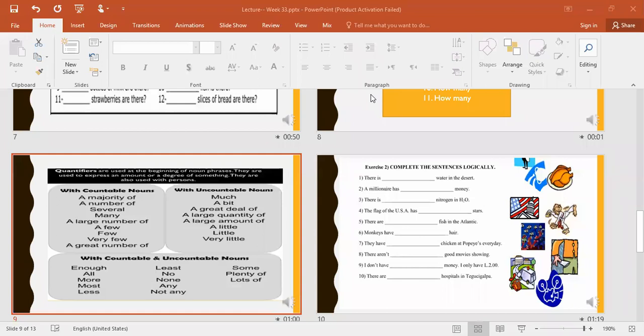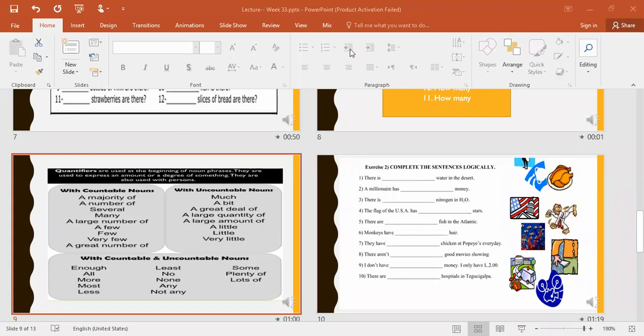No. So there are, now this is uncountable. No. We can say a large number of, sorry, fish is countable. So we can say a large number of fish in the Atlantic.